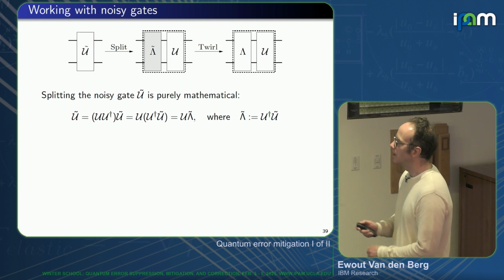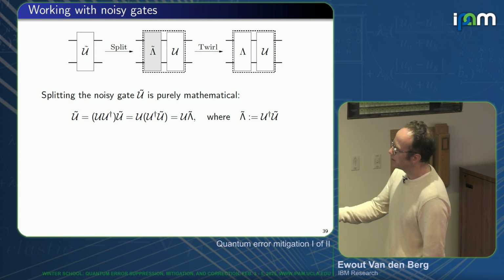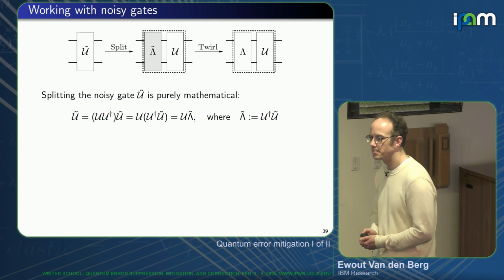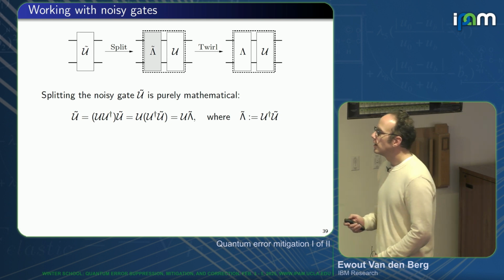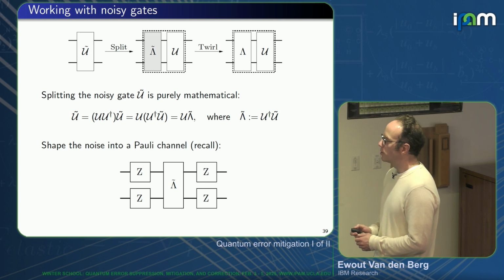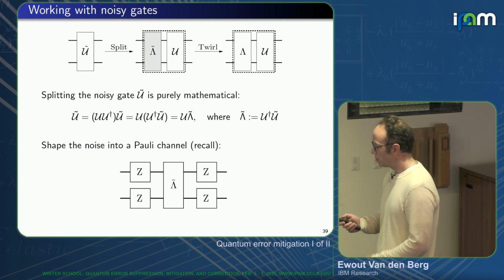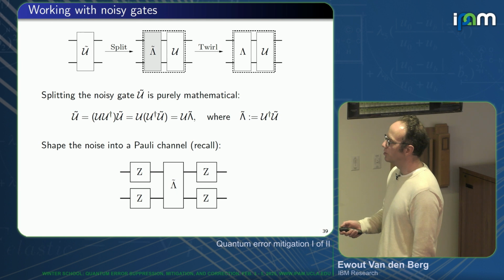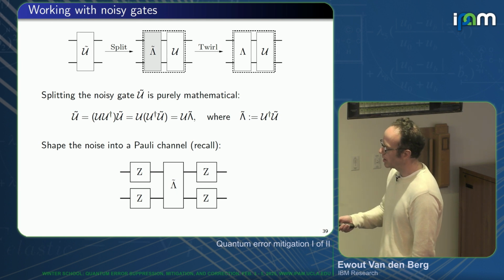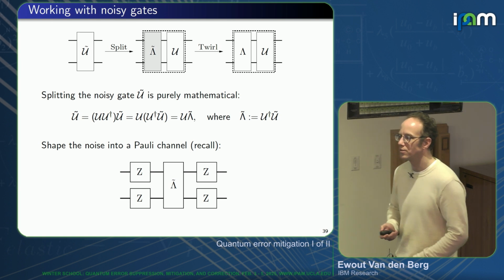So we say this noise map is just U dagger U tilde. The next step is to shape this noise into a Pauli channel. We want to apply gates before and after, and we want to do this for all of the Pauli terms.